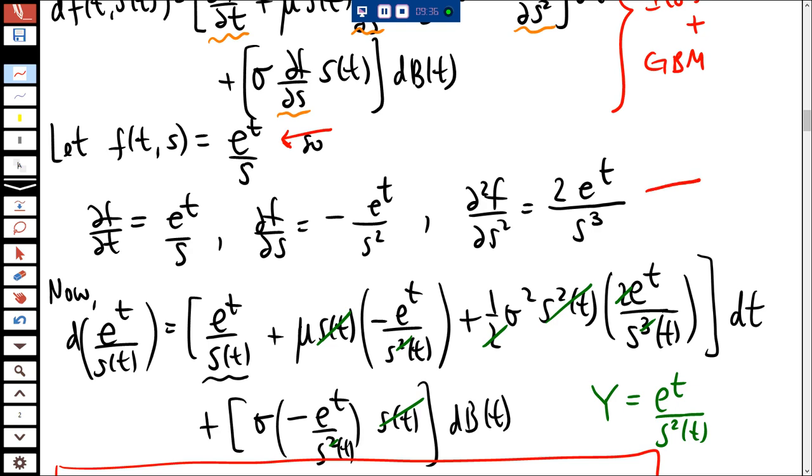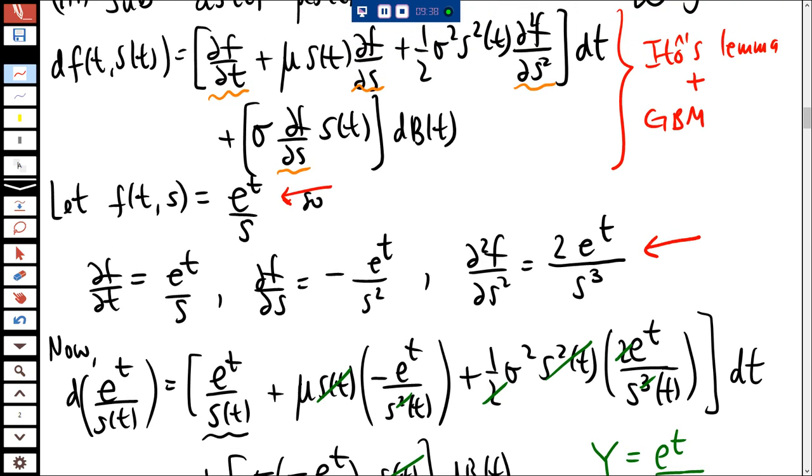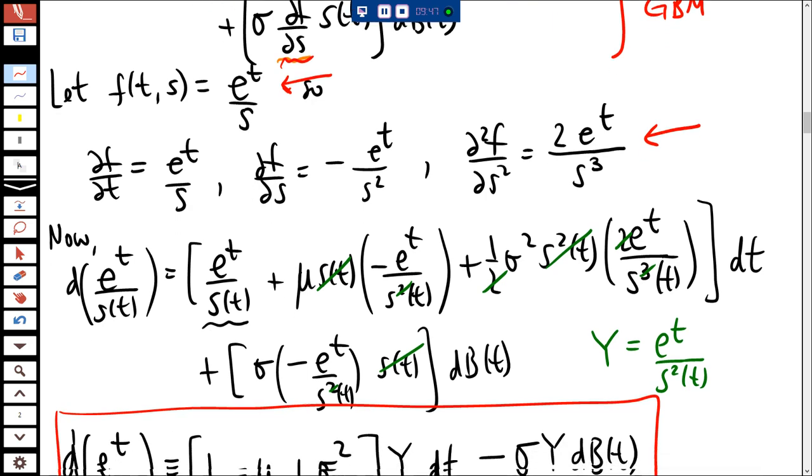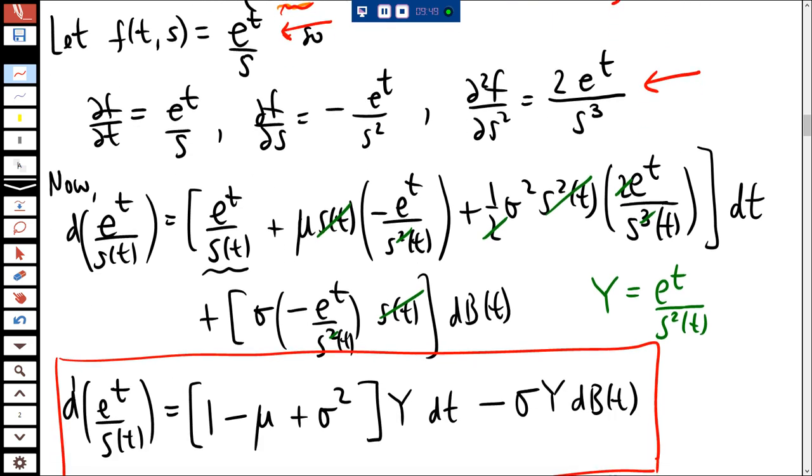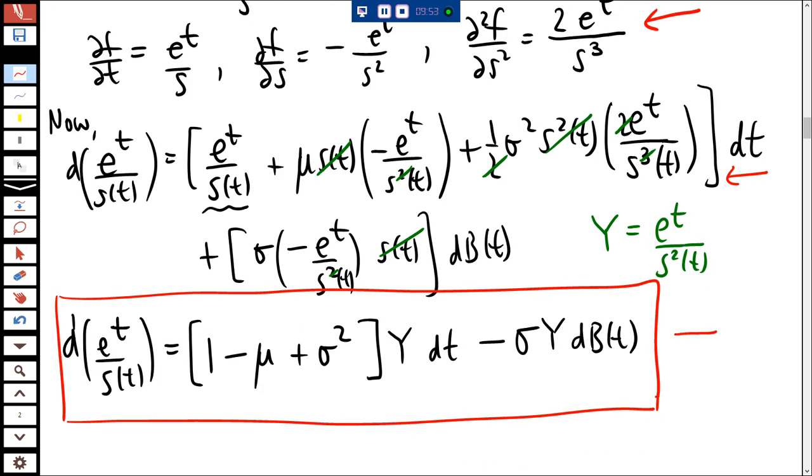We did a load of partial differentiation because it appeared in Ito's formula, plus the geometric Brownian motion substituted in. So we substituted the partial derivatives in, and we simplified, and that was our final answer. So there you go, that completes the first question.